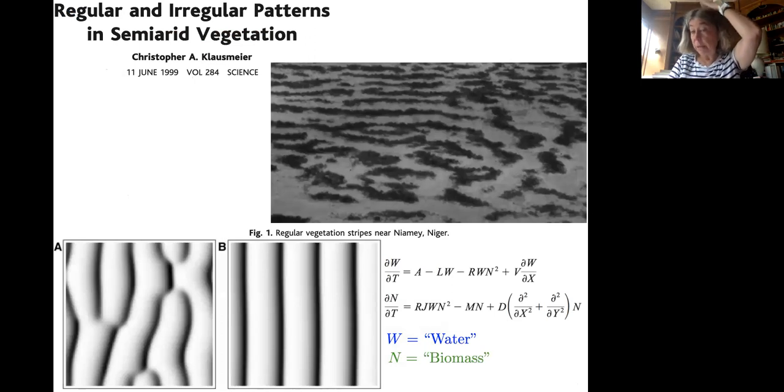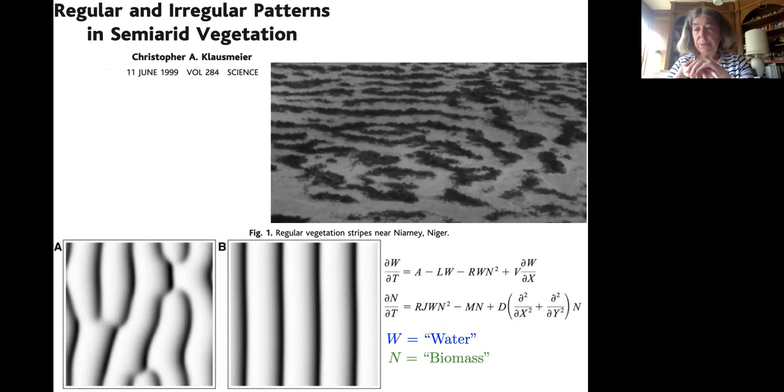really simple model. So it's a model in terms of a pair of partial differential equations. One of them is for W, which represents water, and I put it in quotes. So it's some kind of water field. And then there's another field that it's interacting with, which is the biomass field. So some kind of biomass density.